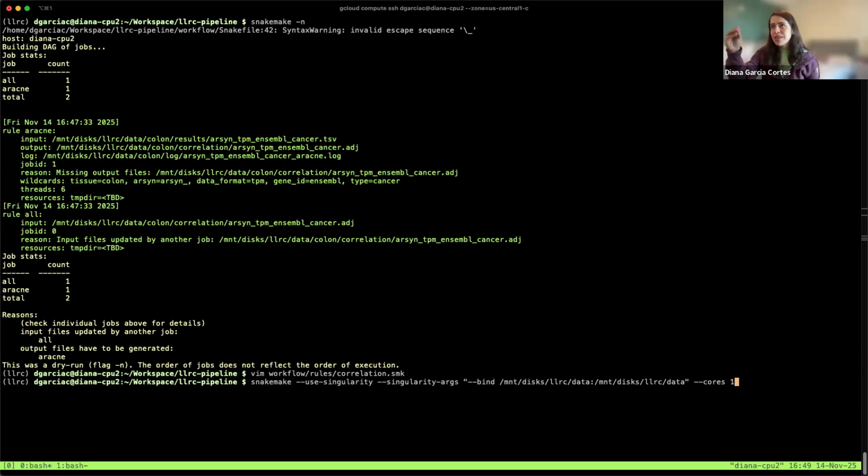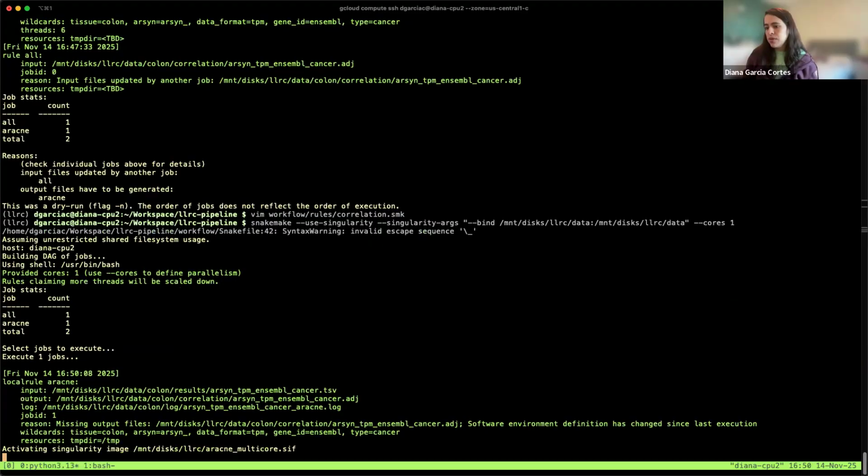So if you have multiple tasks that can be run at the same time, and each task only needs one thread, and you tell the workflow that it can run with, let's say, 4 threads, then it will actually run all those four tasks at the same time. But here, because we're only gonna run one task with one thread, I'm just gonna ask it to use one core.